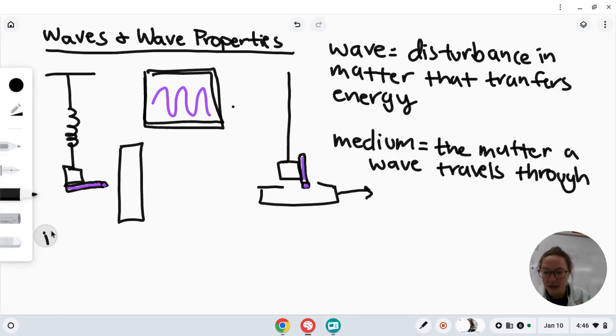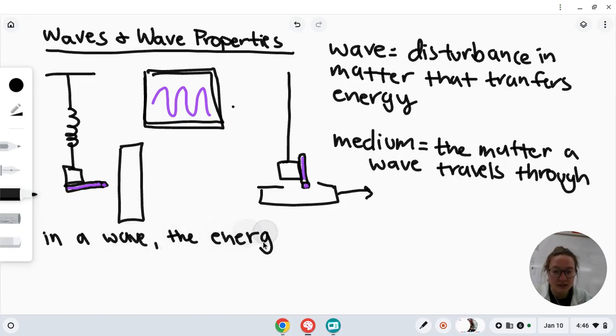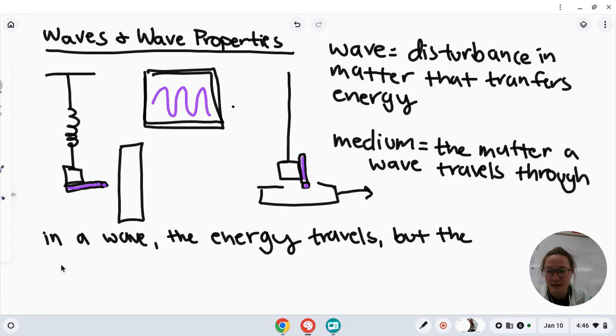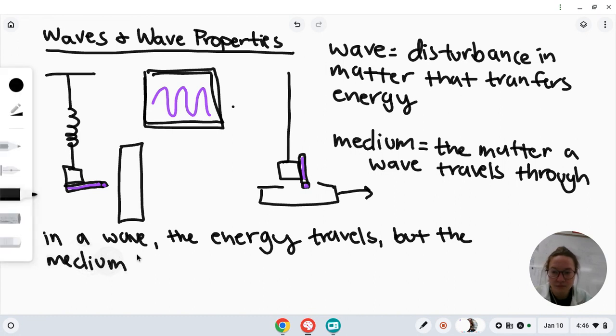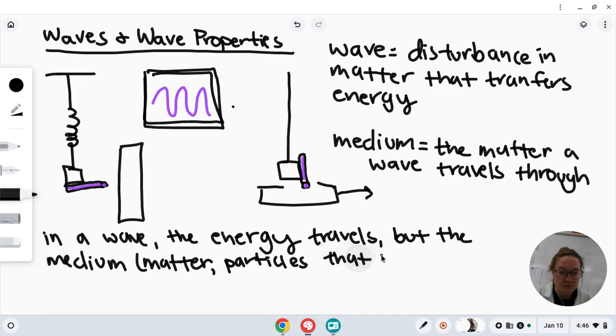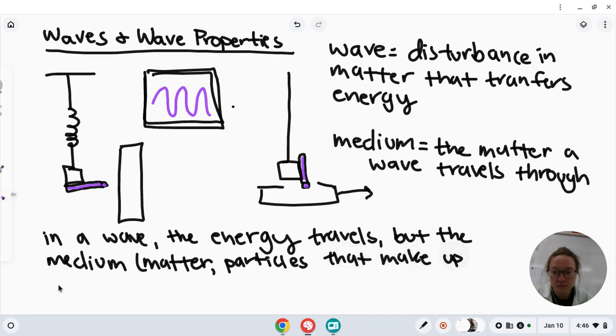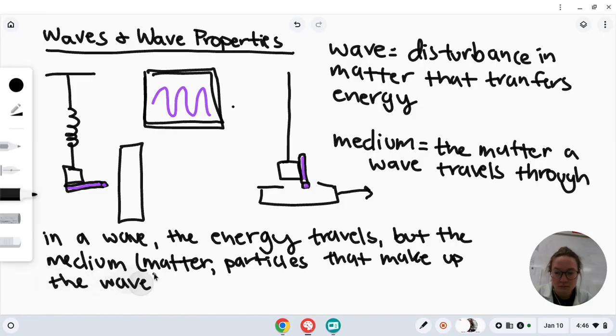In a wave, the energy travels, but the medium, or another way to think about it is the matter, another way to think about it is like the particles that make up the wave, oscillate in place.